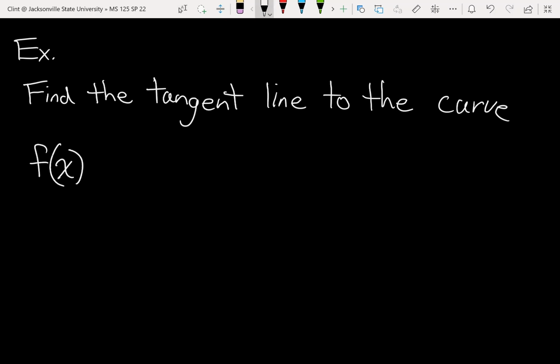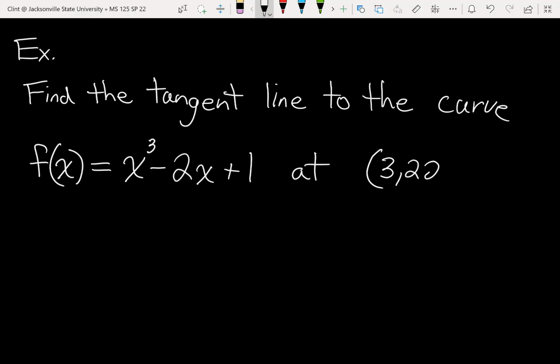Here's our equation: x cubed minus 2x plus 1 at 3, 22. So I only gave you 6, but I was a little meaner than I thought because we've got 3 of them that have a cube involved.